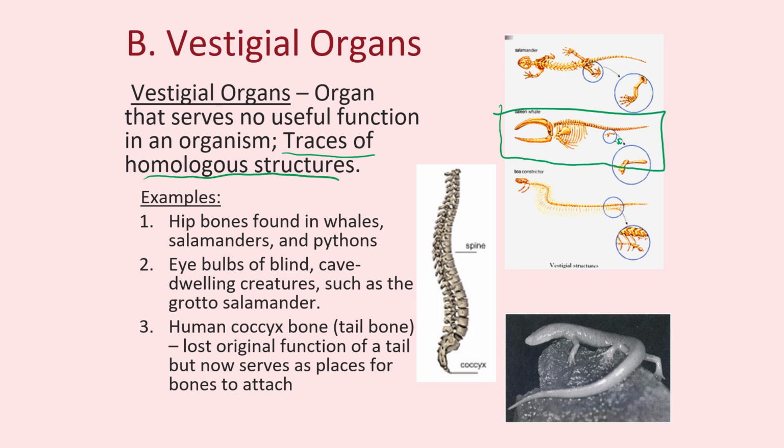No function whatsoever. The eye bulbs of blind cave-dwelling creatures such as the grotto salamander. No eyes, only an eye bulb. And then the human coccyx, so the tailbone. Lost original function of a tail, but now serves as places for bones to attach.